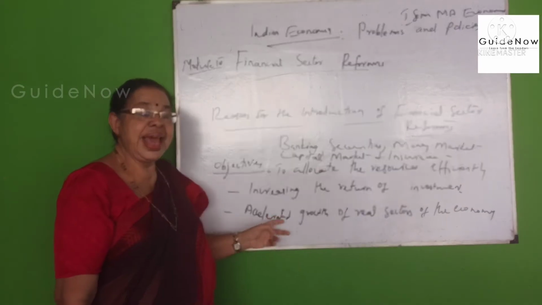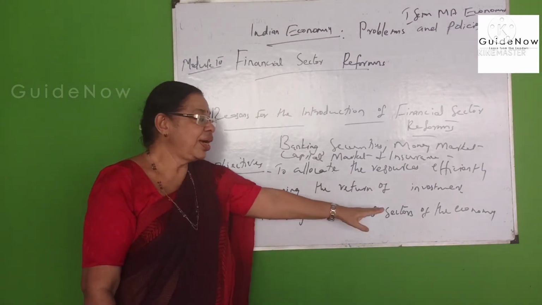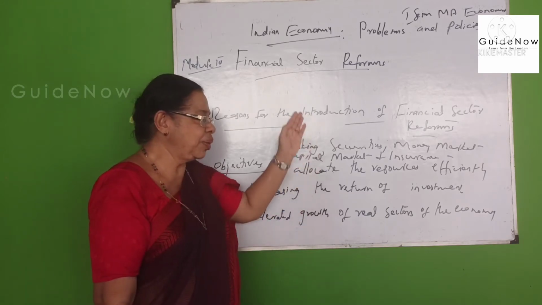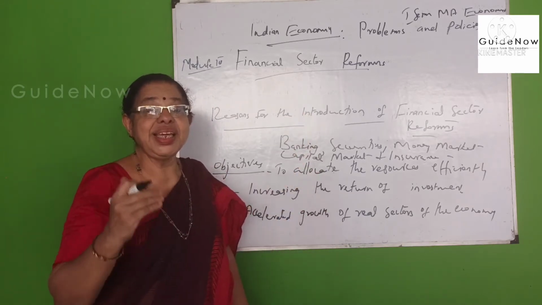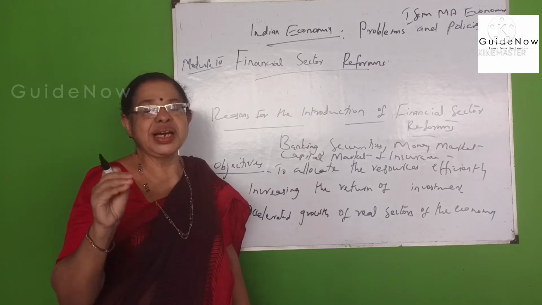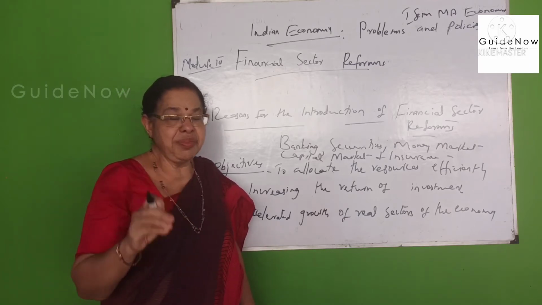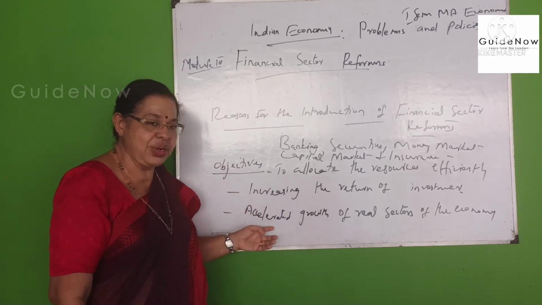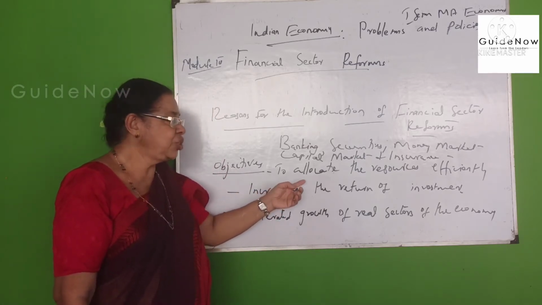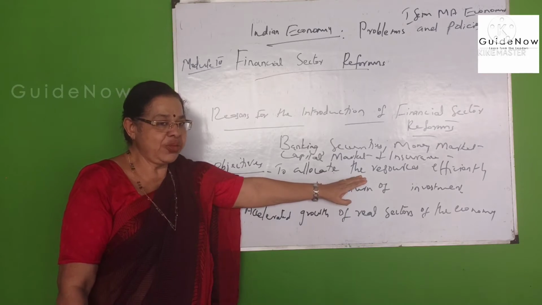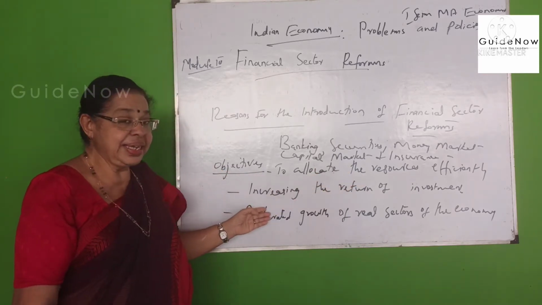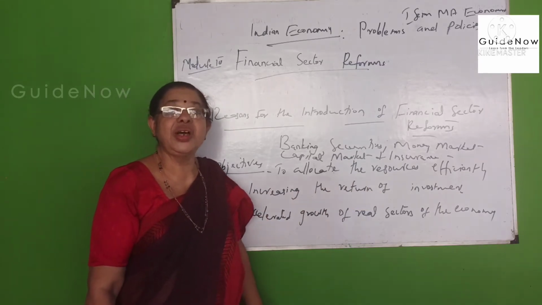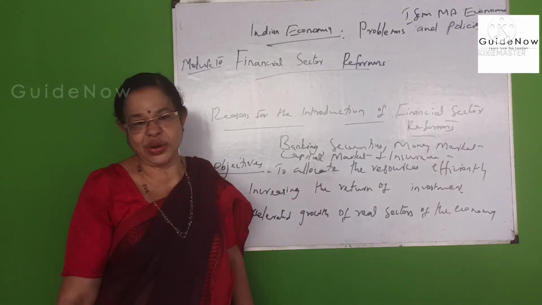And third is to accelerate the growth of the real sectors of the economy. These are the three important objectives of financial sector reforms.